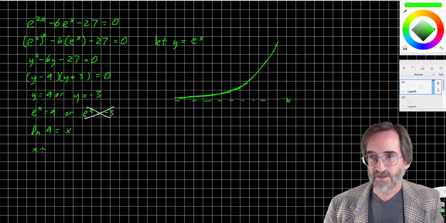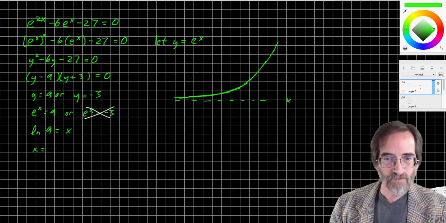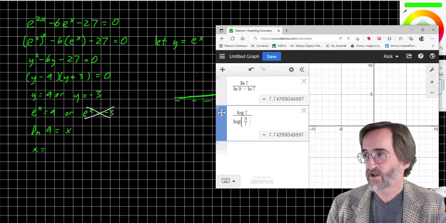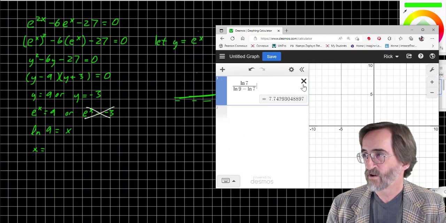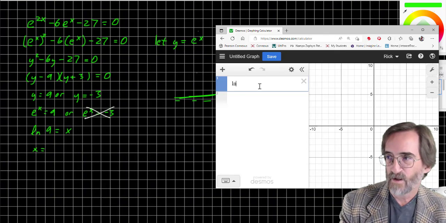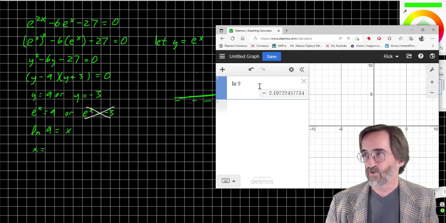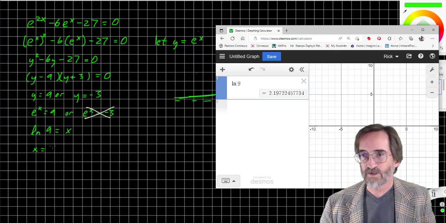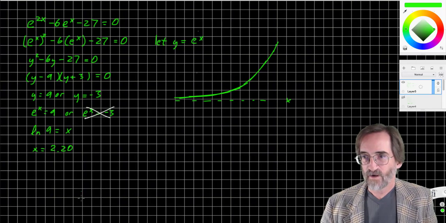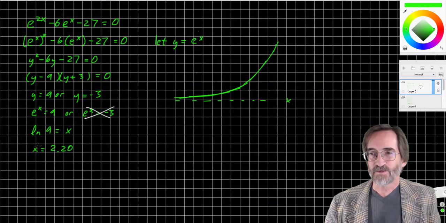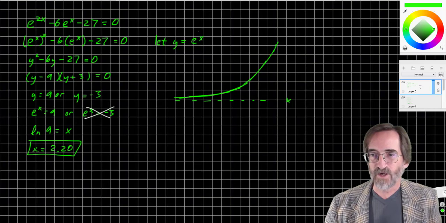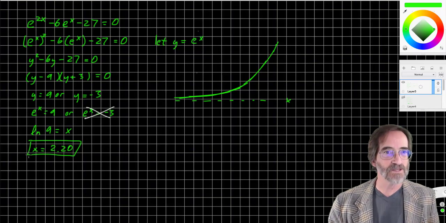So x is the natural log of 9, and we can crunch that on our calculator. Ln 9 is 2.197 or 2.20. Okay, and so 2.20 solves the equation. So the key here was recognizing the quadratic form.